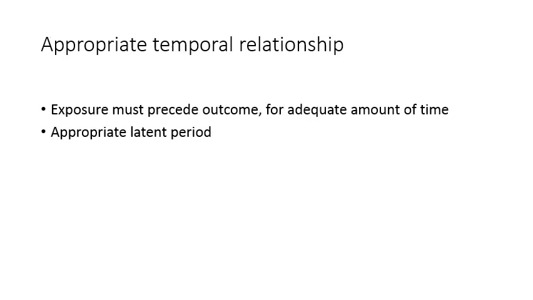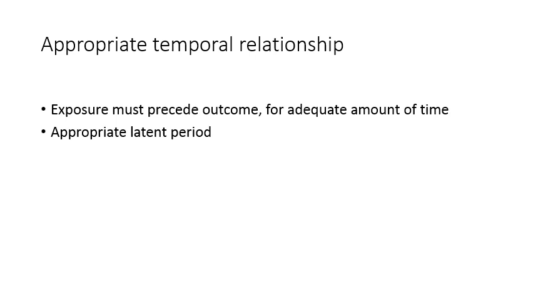After you have confidently established that a hazard is present in the workplace, and the symptoms and signs of a patient is relevant to the effects of the exposure to that hazard, you must also confirm that the time sequence of the exposure and the development of the symptoms is appropriate. In the context of the development of occupational disease, the exposure must precede the outcome, and the exposure must be sufficient over a minimum period of time.